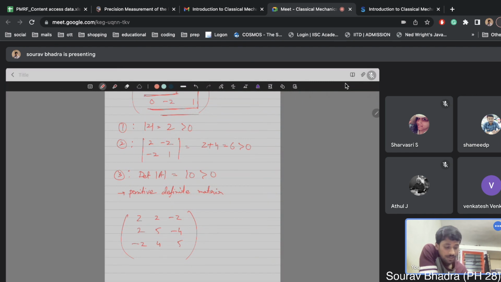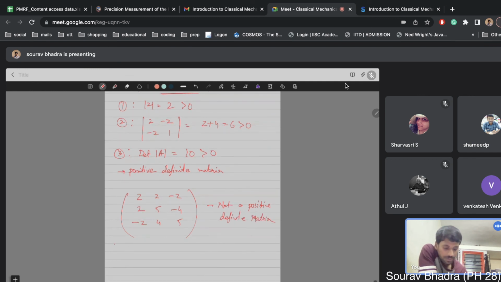So it is not a positive definite matrix. Okay, so do that.